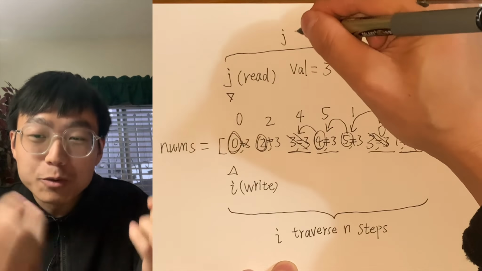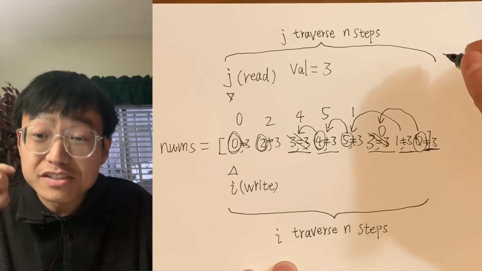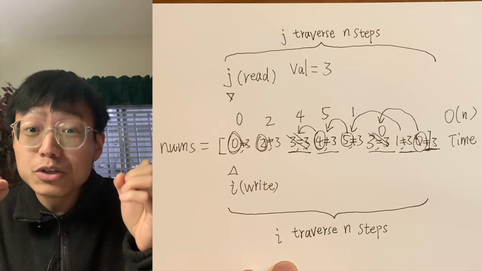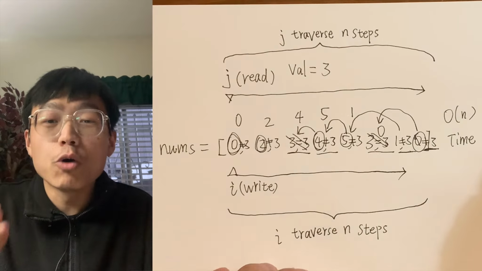Assume that the array has a total of n elements and both i and j traverse at most 2n steps. So the time complexity is O(n).